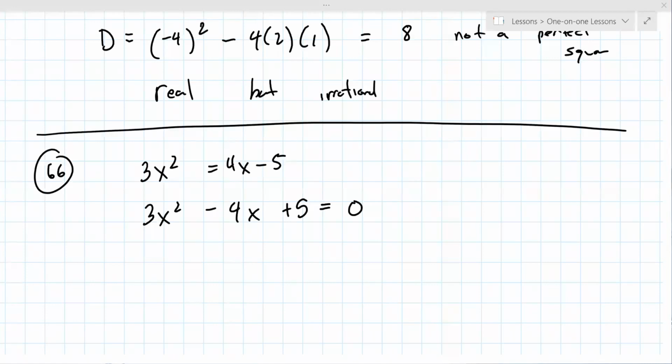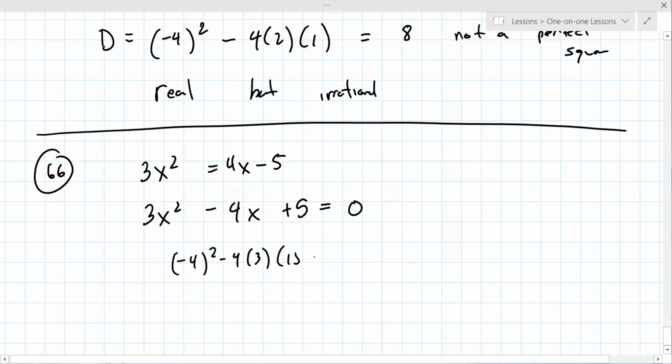This one's negative, so it'll be complex valued. It's minus 4 squared minus 4 times 3 times 5, which ends up being negative. This is complex valued.